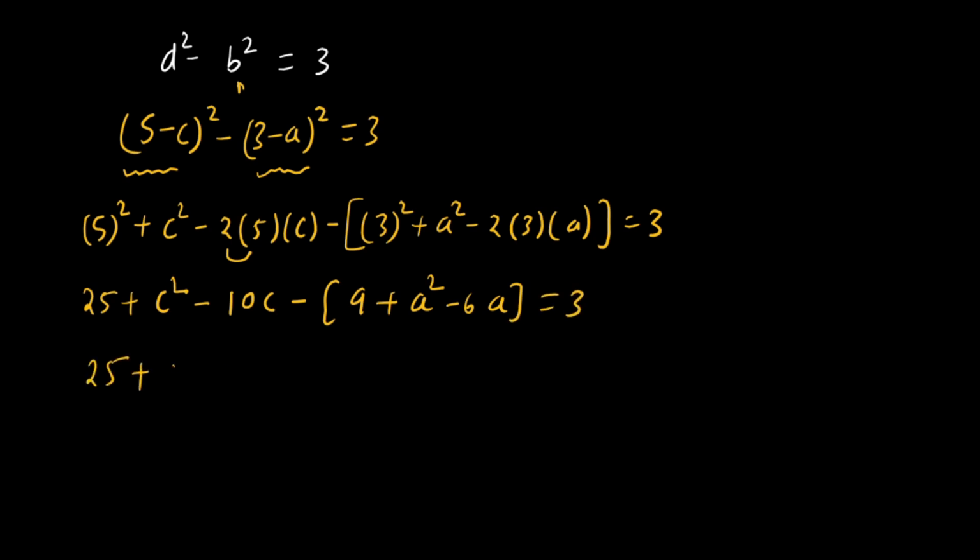Then 25 plus c square minus 10c. The minus is multiplied by the bracket, so minus 9 minus a square plus 6a.